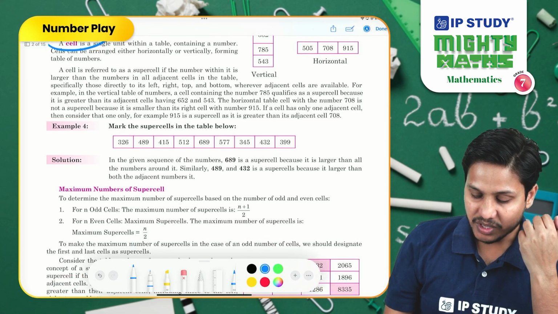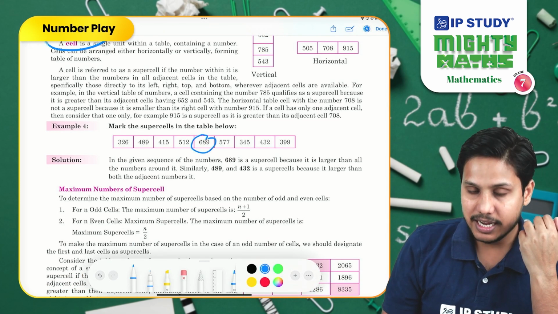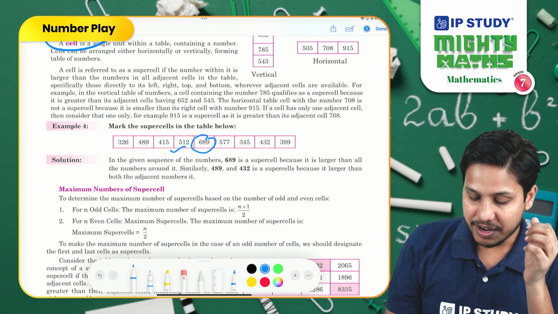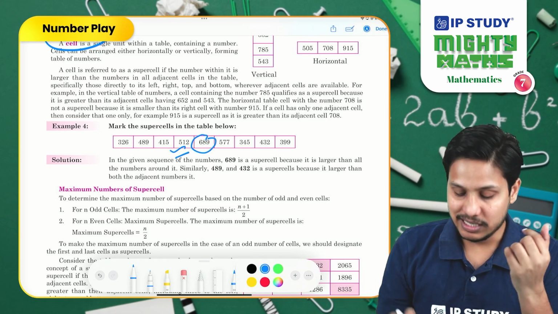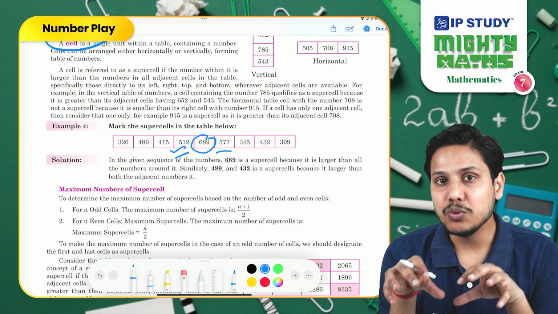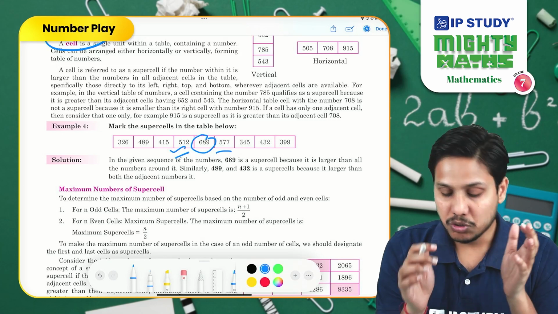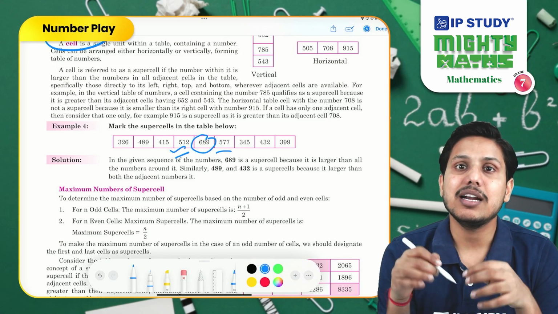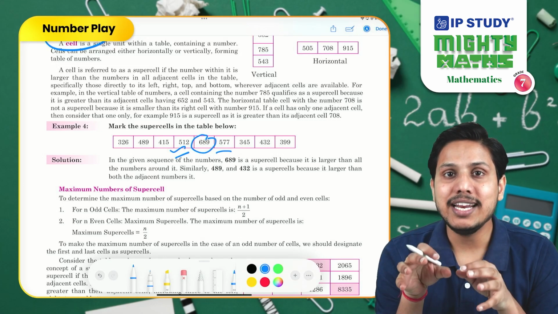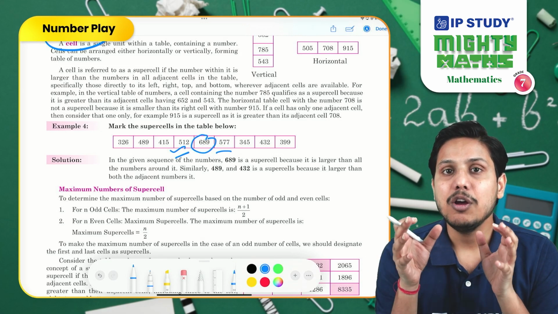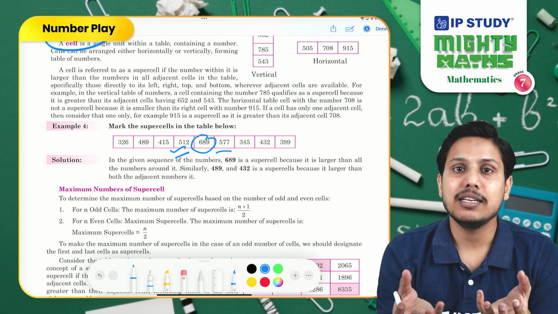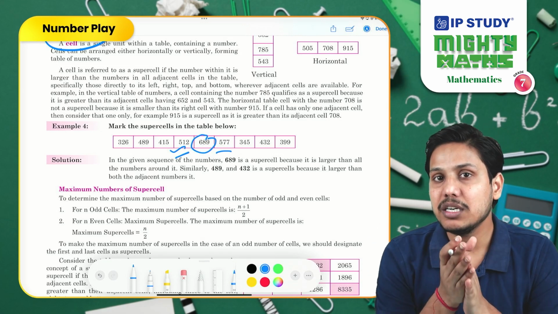For example, here we have 689 and its neighbors are 512 and 577. Now these two neighbors are smaller than 689. So 689 can be considered a supercell. So if any number is larger than its neighbors, then the number can be considered a supercell.